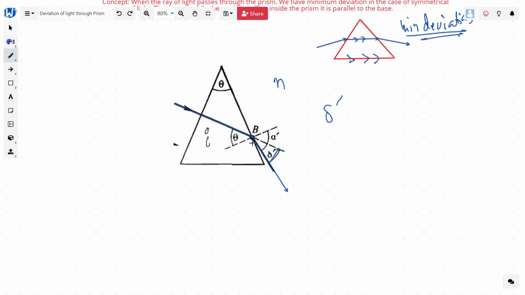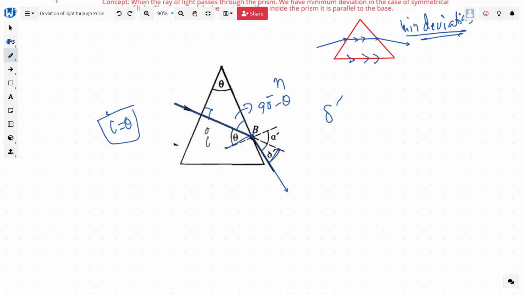Now we know this is our angle of incidence, and by symmetry, this is 90 degrees. So this is going to be 90 minus theta. This is again perpendicular, so this is going to be theta. So in this case, i is going to be theta. It's simple geometry.